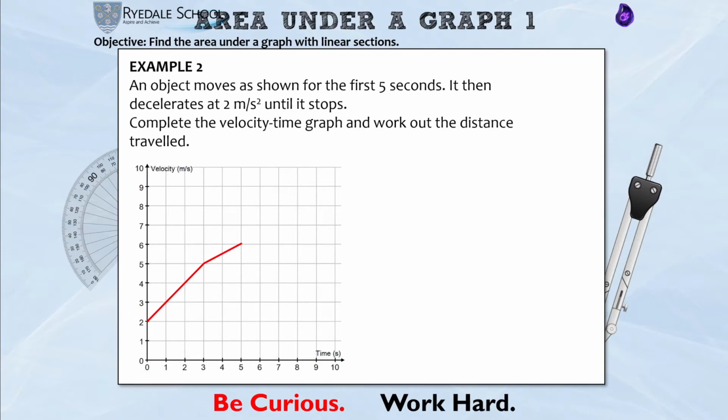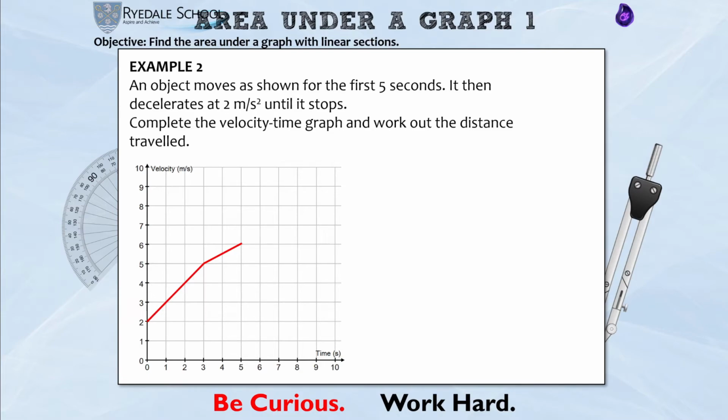So, you can see it's travelling with constant acceleration in these 2 sections here. And then after 5 seconds, it says it decelerates. Now remember, the gradient of the line represents the acceleration, and if something is decelerating, we know it is a negative gradient. 2 meters per second per second.